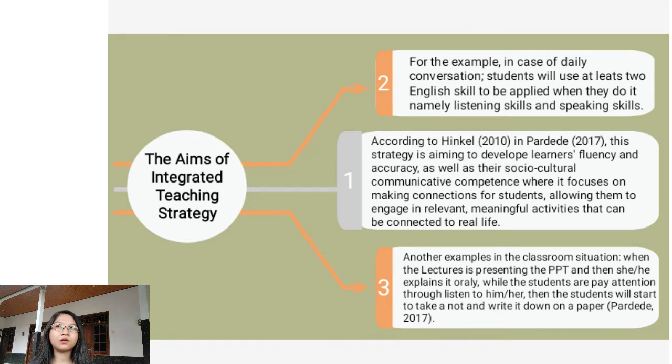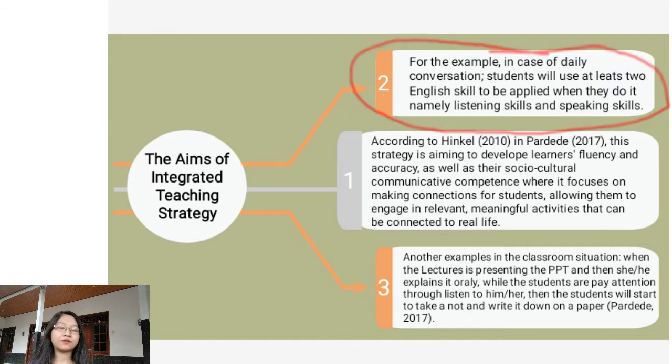So in order to attain this, adapting the language from context to context and from genre to genre is required.